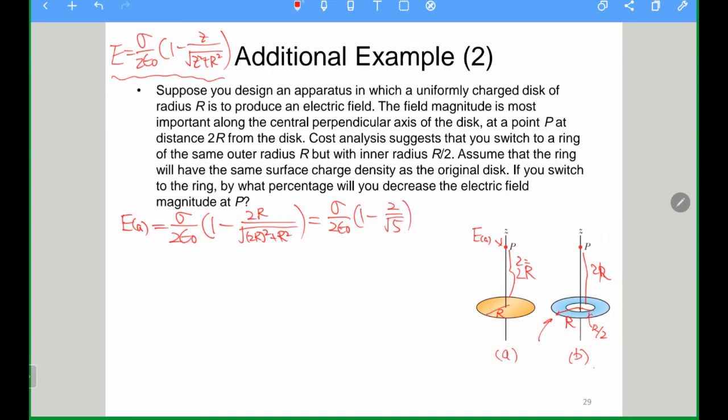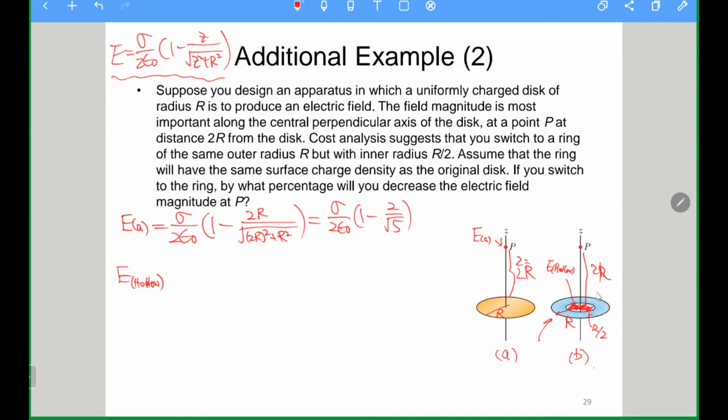And then here, we try to calculate the E field generated by the hollow part, which will be E hollow. If we subtract the E field generated by the hollow part from that of the whole disk, then it is the E field generated by the ring.